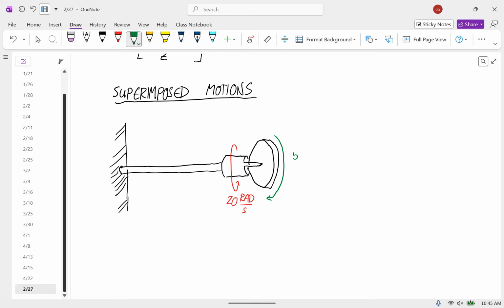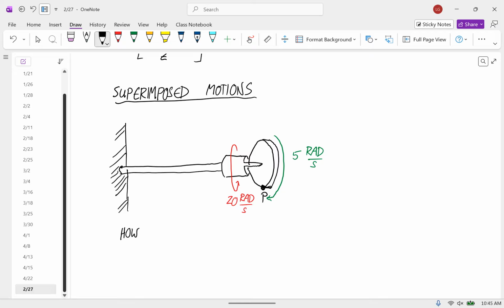Let's say that that's 5 radians per second. And we want to calculate the acceleration of this point P. Okay. We might want to calculate the velocity too. Acceleration is more useful to us because we can use it in Newton's laws.